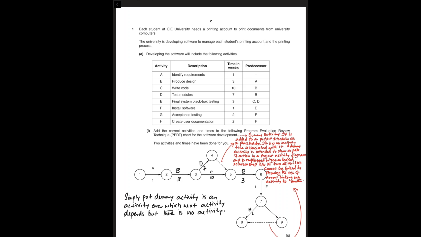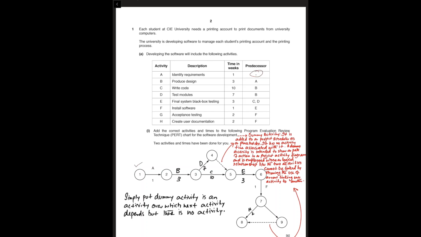Now it is given that activity A does not have any predecessor. So activity A starts from node 1 to 2, and then we have got activity B, which is having A as the predecessor.